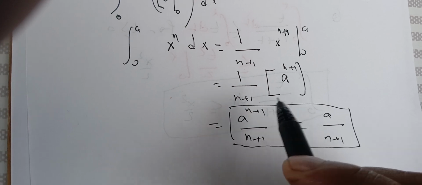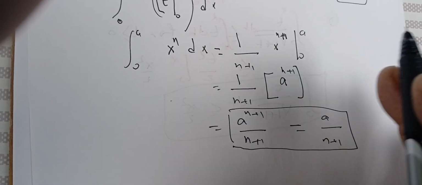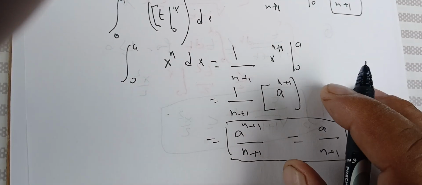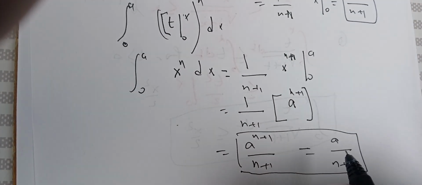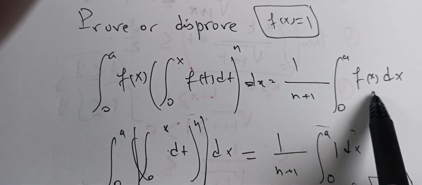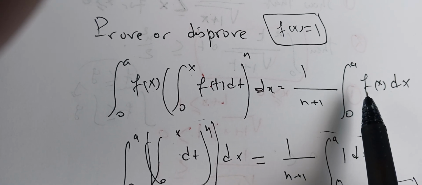Okay, it might work when a is 1, but we are doing it for a general a. So this proves that this one is not true. Okay, and we're gonna see how to make it true in one of the videos.